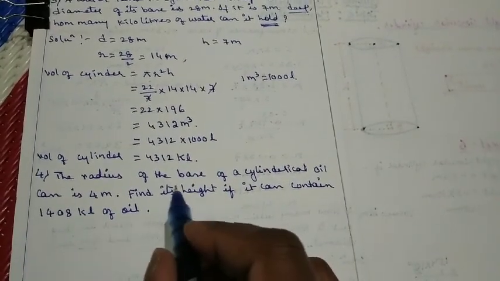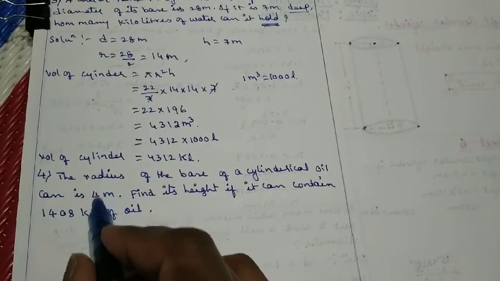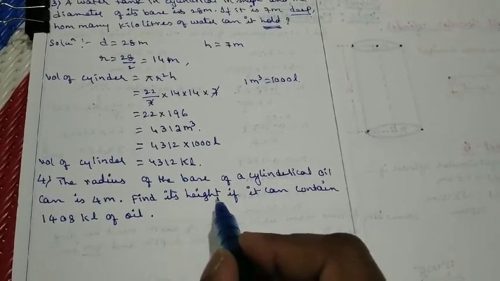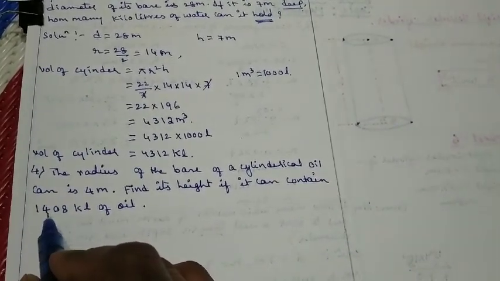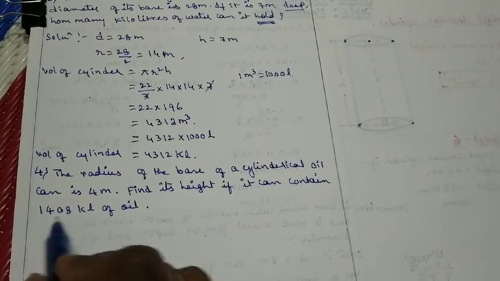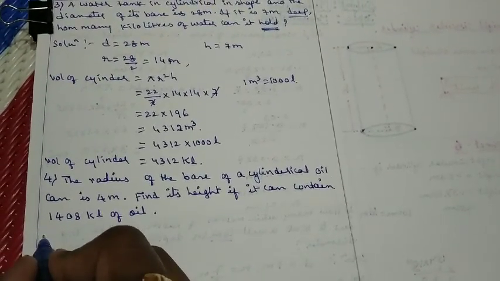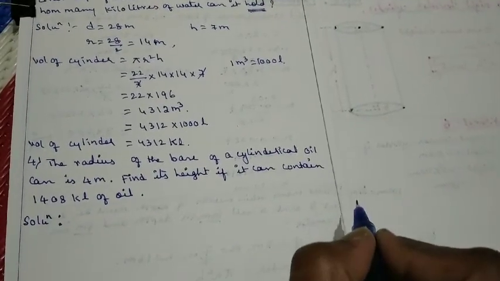The radius of the base of a cylindrical oil can is 4 meter, means radius is given. Find its height, means we need to find the height, if it can contain 1408 kiloliters of oil, so the capacity is given here. So from the capacity and the radius we need to find the height of the cylinder.